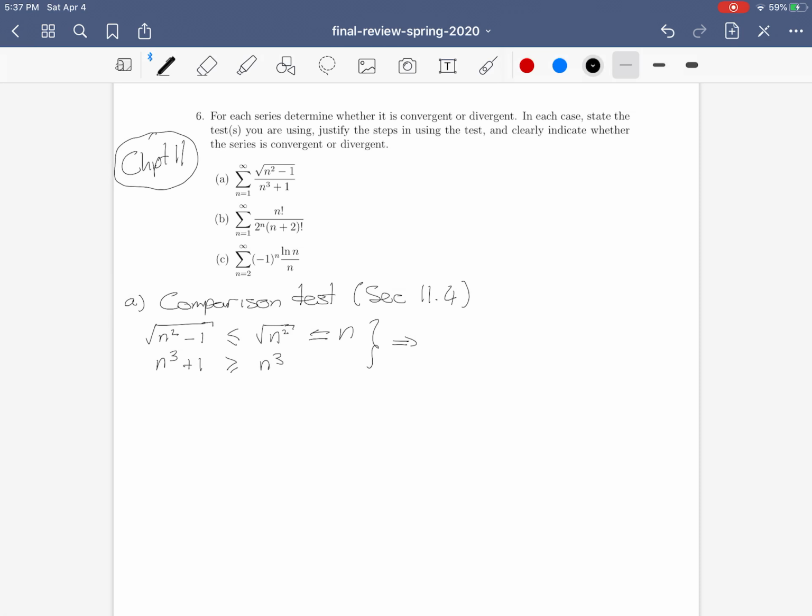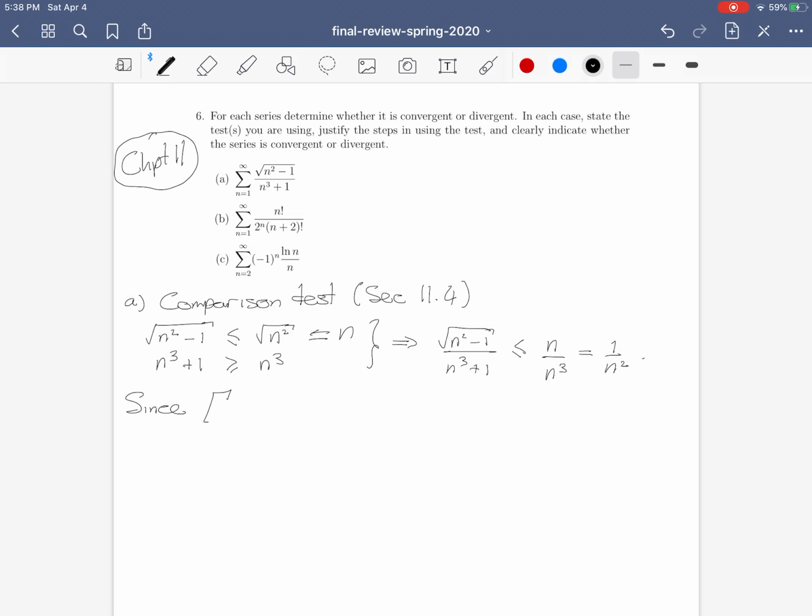So both these things combined tell me that the general term of my series is less than or equal to n divided by n cubed, which is equal to 1 over n squared. So the general term in my series is bounded above by 1 over n squared.